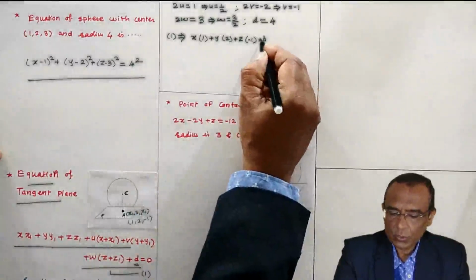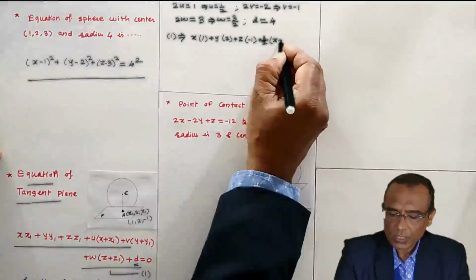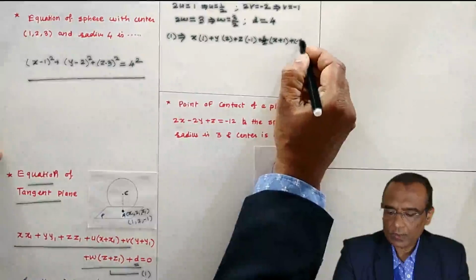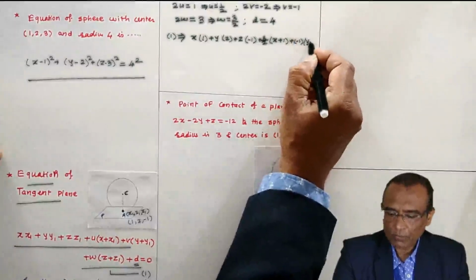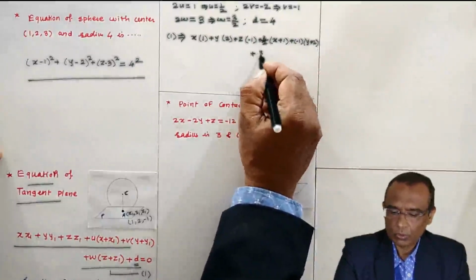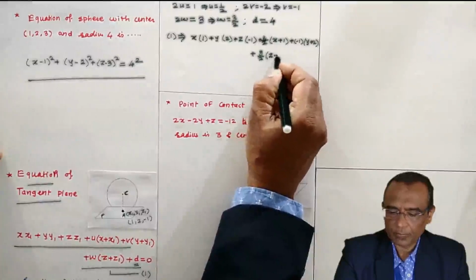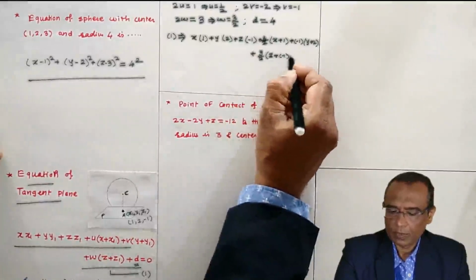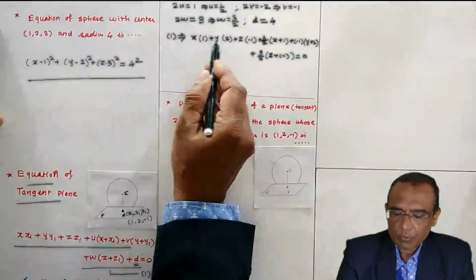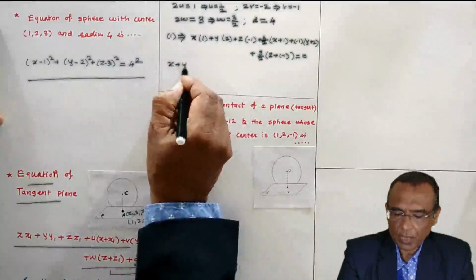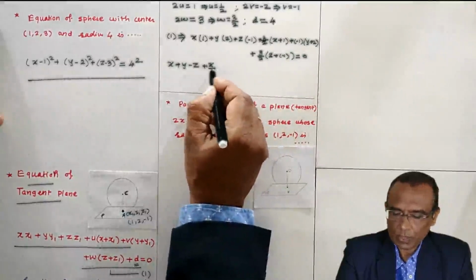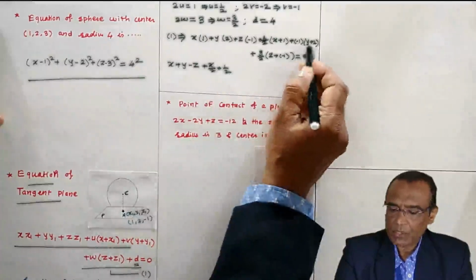What is u here? u is 1 by 2. x plus x1, v is minus 1, y plus y1, w, z plus z1. So this is the equation of the tangent plane. You can solve it for one more step. x plus y minus z. Here I have written x plus y minus z. Then x by 2 plus 1 by 2. Here minus y minus 2.